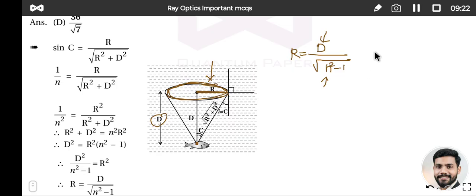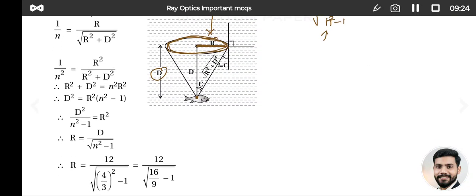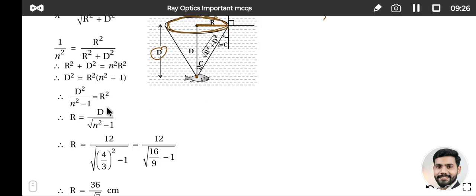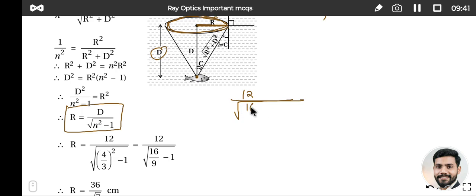In our question the depth is given as 12. This is the formula we have to apply, a short trick you have to remember: r is equal to d upon root of n square minus 1. So the depth is 12 upon root of n square minus 1, where n is the refractive index, which is 4 by 3. So 4 by 3 the whole square is 16 by 9, minus 1. If we do the cross multiplication, 12 upon root of 16 minus 9 upon 9.